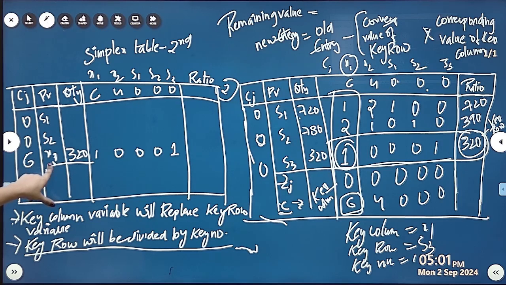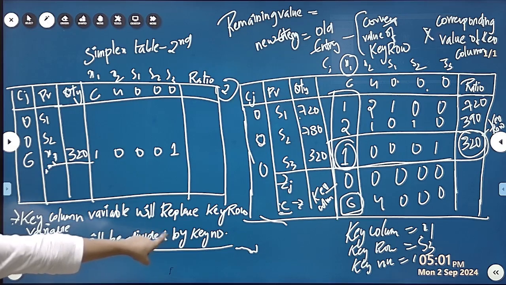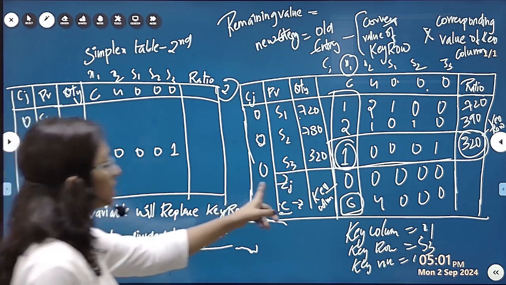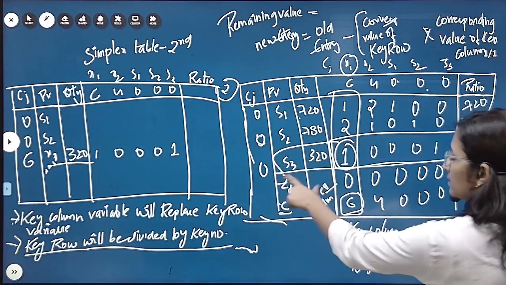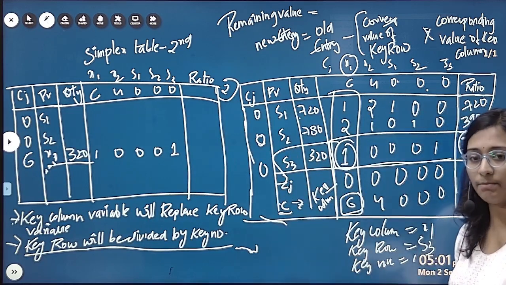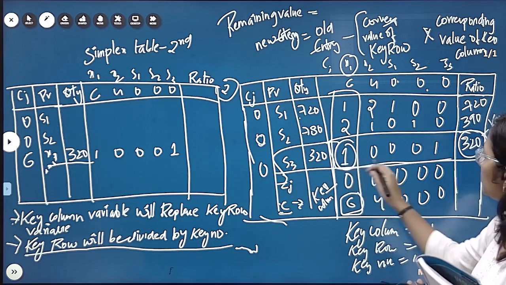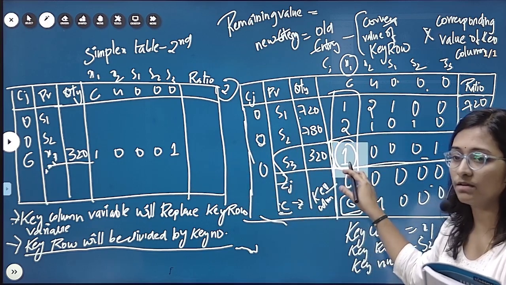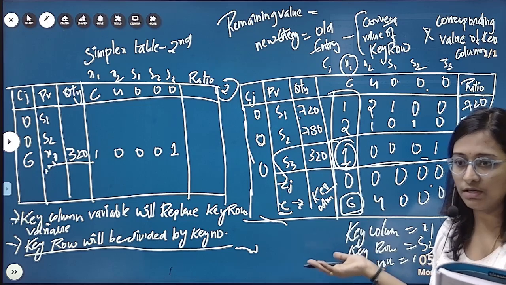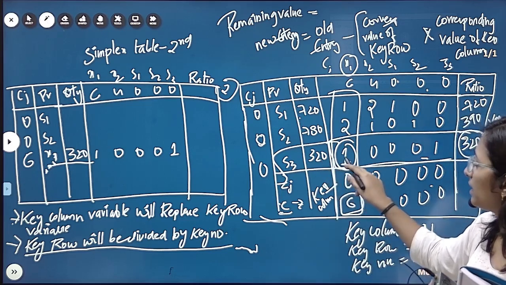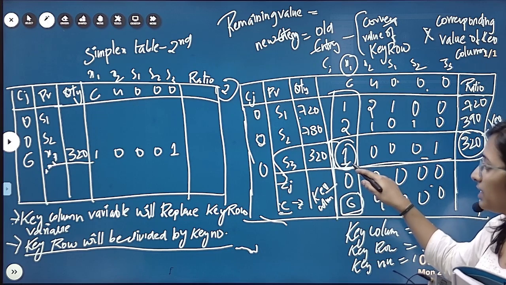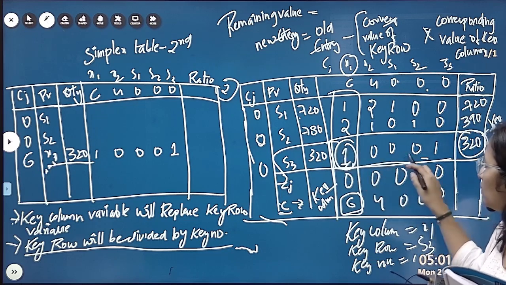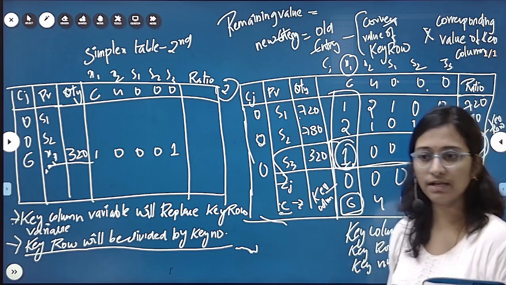We removed s3 and we wrote x1. So now what will the values of this be? Key row will be divided by the key number. So what is the key row here? S3, right? We are replacing s3 by x1. So values of this will be divided by key number. What is the key number here? 1. So 320 divided by 1, 320, and 1 divided by 1, 1 only, 0, 0, 0, 1. So you will get the same values.